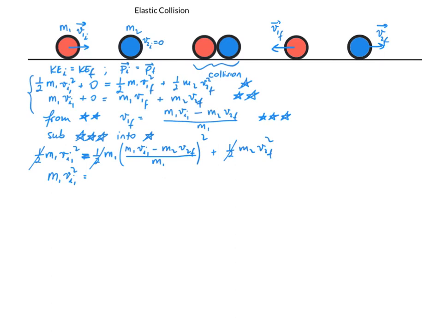So I'll do m1 squared v1 initial squared minus 2 m1 v1 initial m2 v2 final plus m2 v2 final, both of those squared, divided by m1, plus m2 v2 final squared.